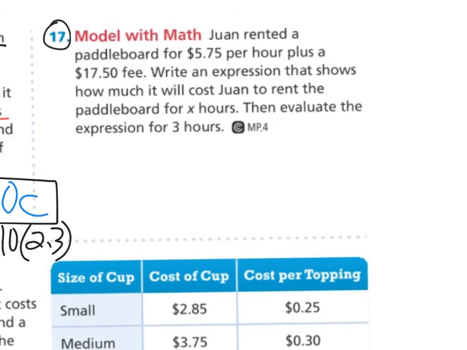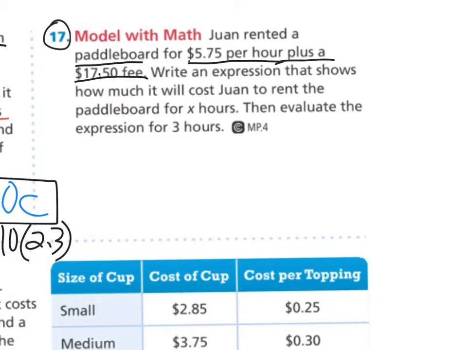Number 17, Juan rented a paddle boat for $5.75 per hour, plus a $17.50 fee.